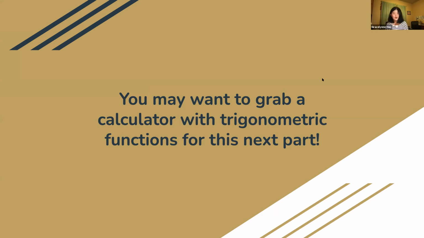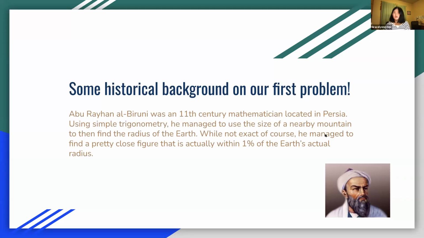Okay, so now moving on. Here is some historical background on the first problem that we will be attempting. Abu Rayhan al-Biruni was an 11th century mathematician located in Persia, more specifically in modern day Pakistan, if you're interested.